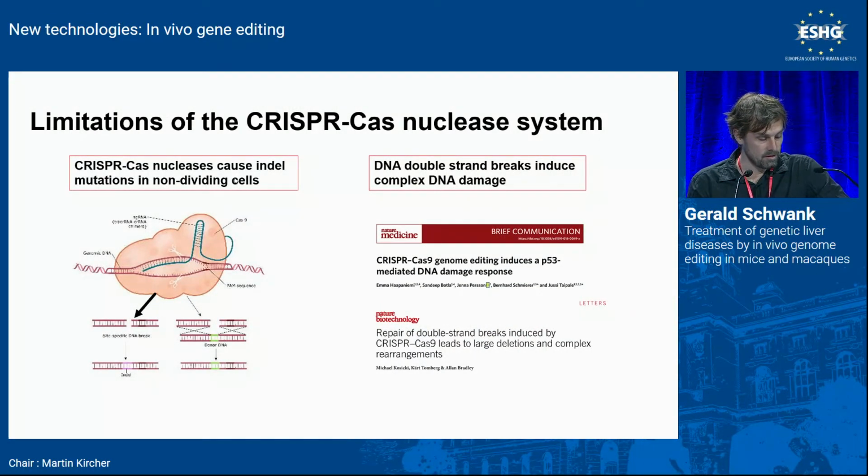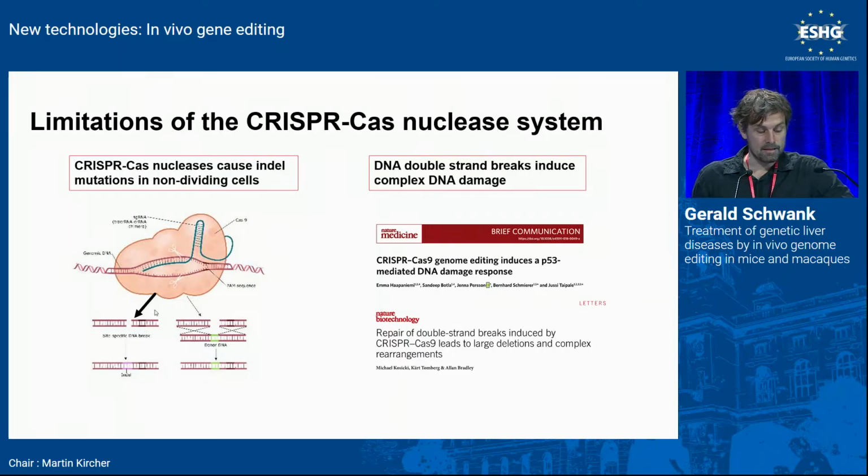But with the initial CRISPR-Cas system, which has been nicely explained in the previous talk, where you have an endonuclease that is targeted to the region of interest with a guide RNA and then generates a DNA double-strand break, you have the issue that this is essentially all the system does.